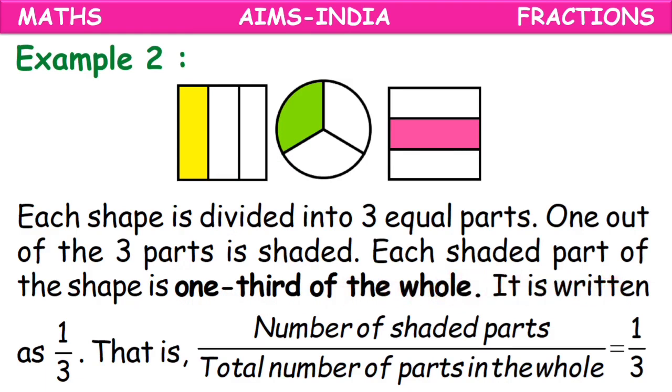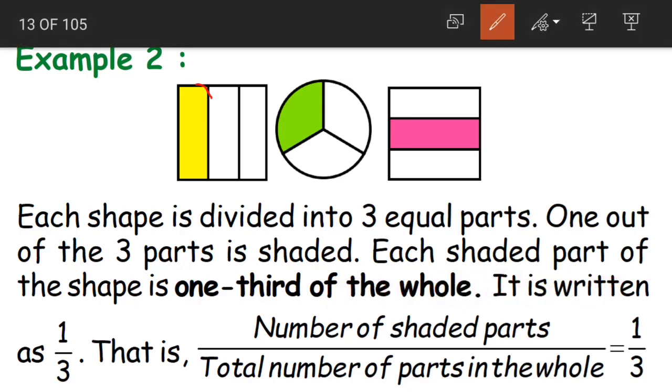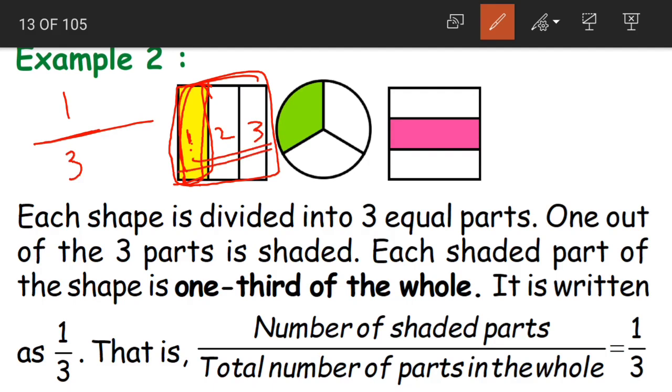And how will we write the shaded part as a fraction? If they ask what this shaded part is, we cannot simply say 1, right? This whole box will be our 1, but here it will be 1/3. 1 is the shaded part, divided by 1, 2, 3, the total number of parts given.